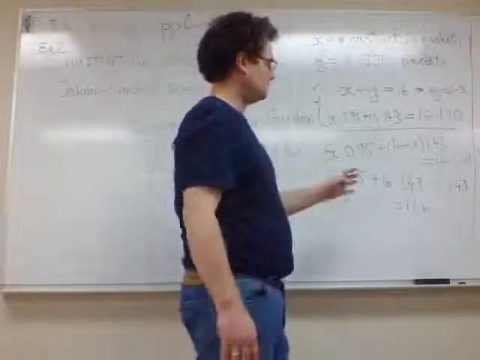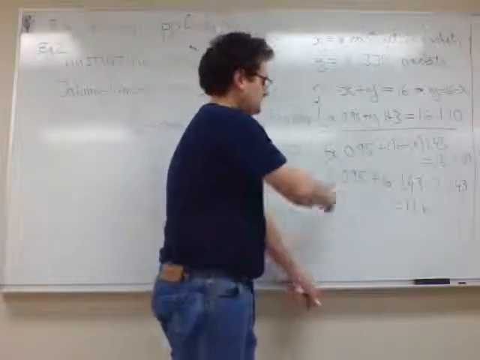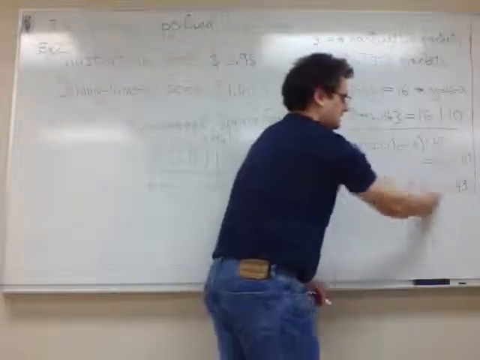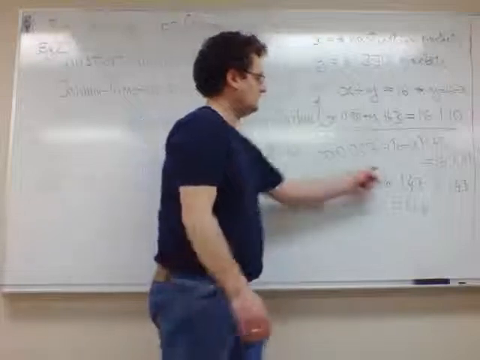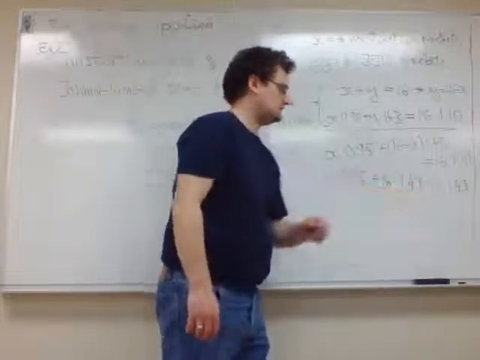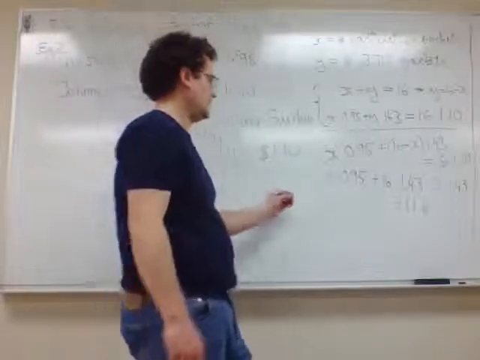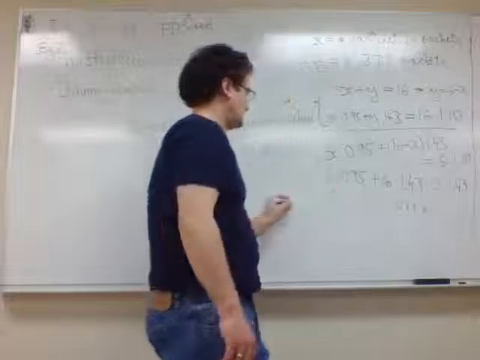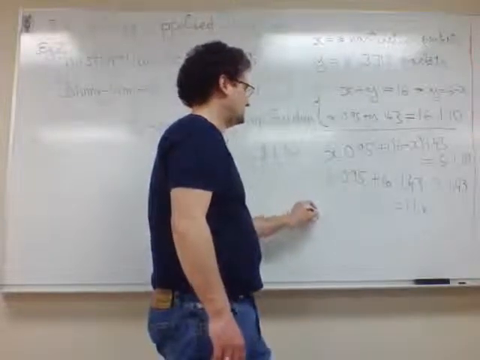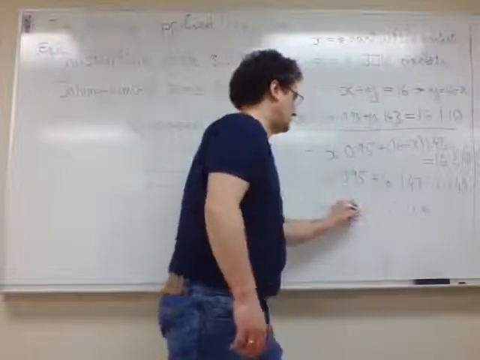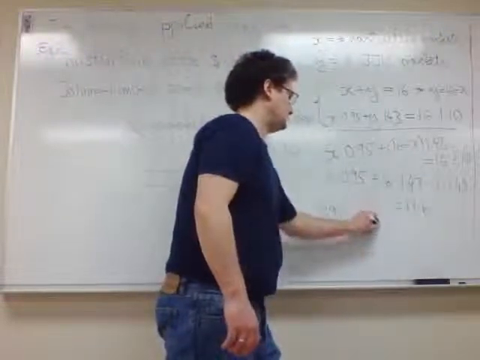I just want to solve for x, so I keep this guy and this guy on the left side of the equation, and move this one to the right side of the equation. So what I have is, I can pull out x, so I have x times 0.95 minus 1.43.